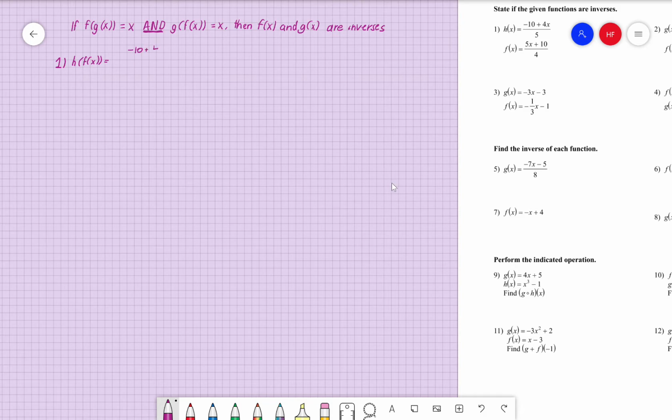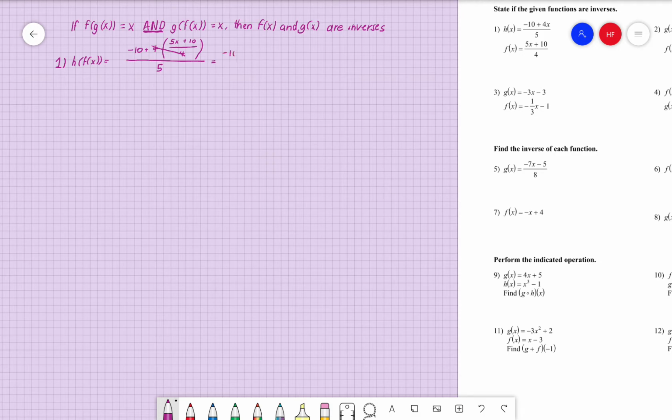So h is my function -10 plus 4 times x, and for x I'm going to put all of that function f. And this is over 5. So here I've got 4 times all of this that's over 4. So these two are going to cancel each other out.